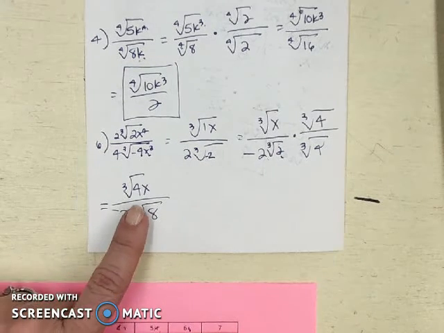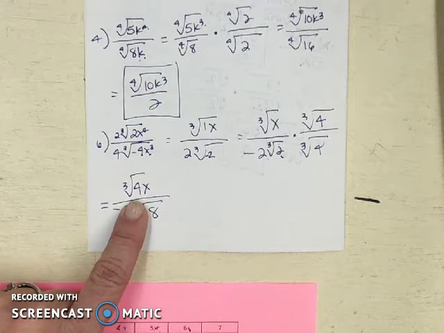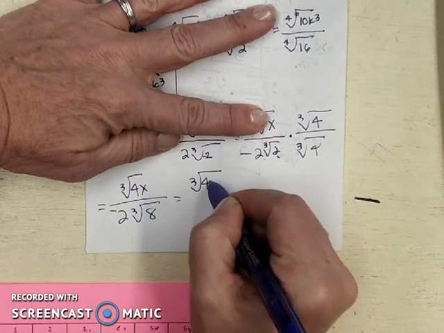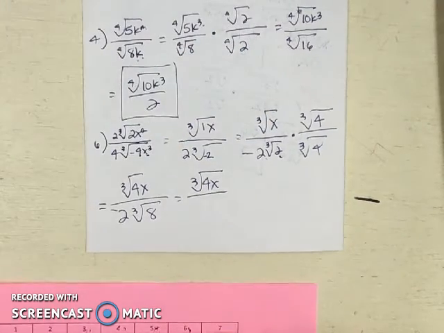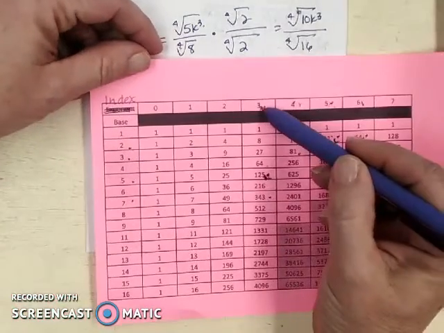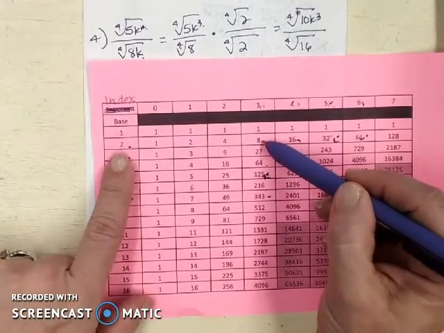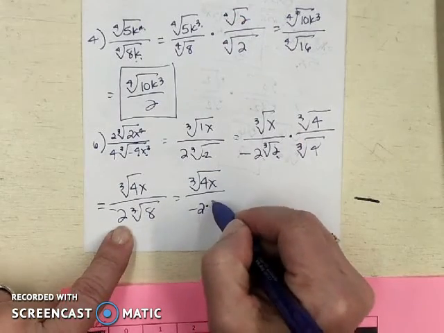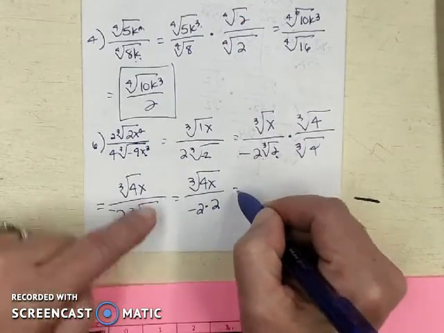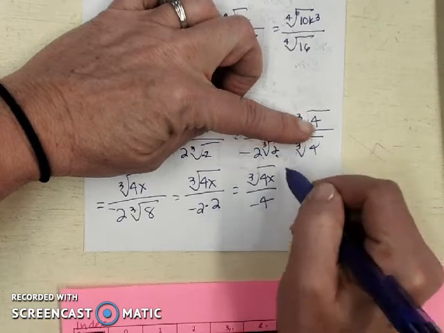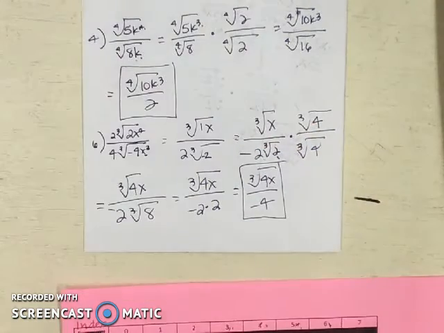I cannot take the cube root of 4x, and I cannot simplify the cube root of 4x. So I still have the cube root of 4x in my numerator, and the cube root of 8. The cube root of 8 is 2, so I have -2 that's already there, times 2 for this, and so my answer, the cube root of 4x over -4, final answer.